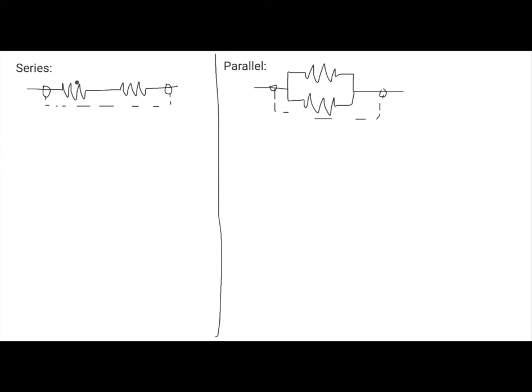So if, for example, the resistance of the first resistor was, let's say, 4 ohms, and the resistance of the second resistor was 2 ohms, the total resistance, which we can denote as R_T, would be equal to 4 ohms plus 2 ohms, which equals 6 ohms.